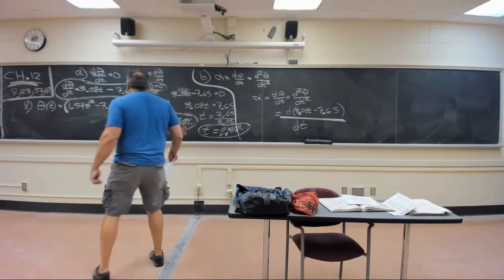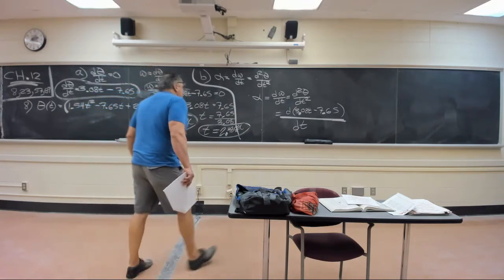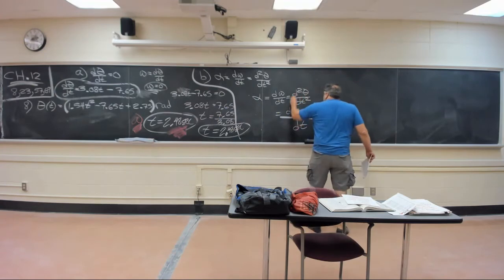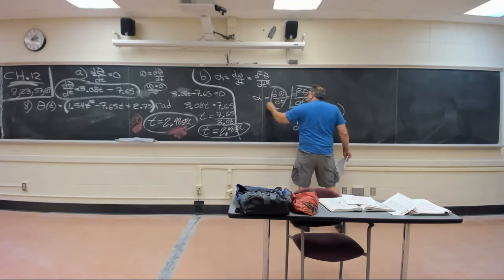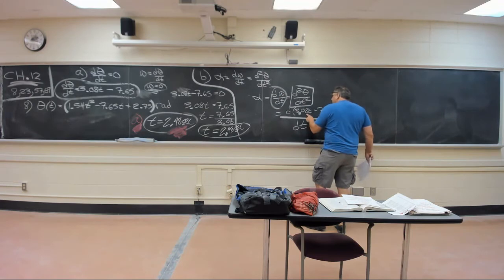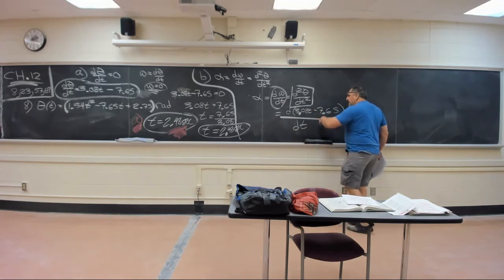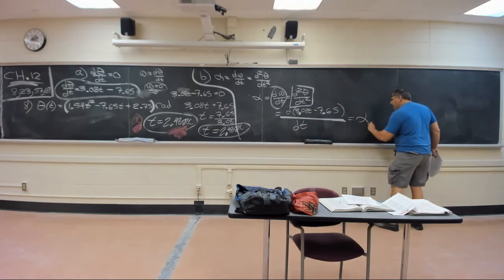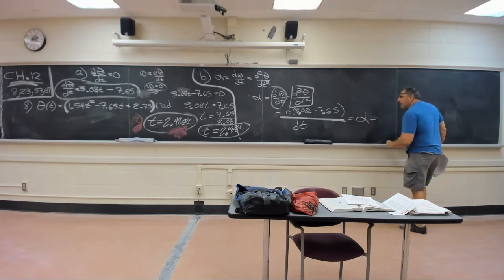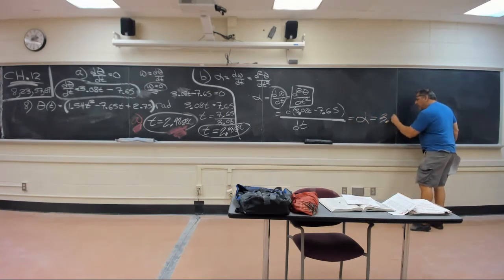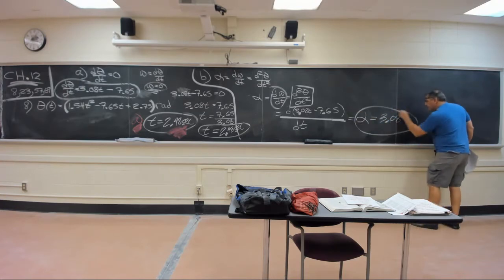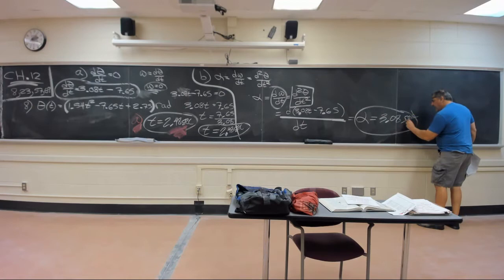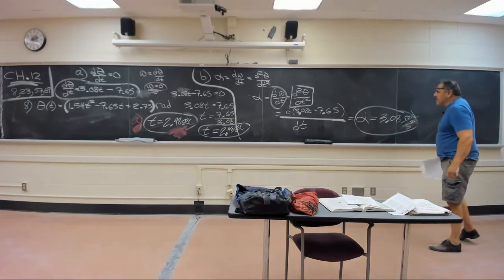So d omega dt is the same as this, but I just got the omega because this right here is d theta dt. So d dt of d theta dt is going to be what the alpha is. Derivative with respect to time, and that's radians per second per second. It's looking like that. That's B.